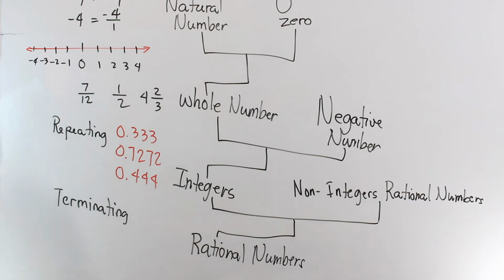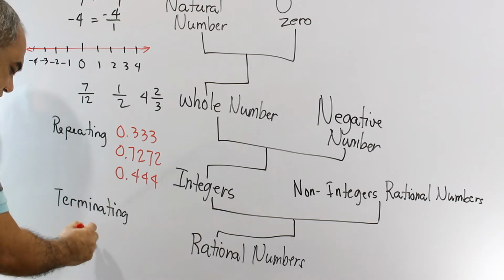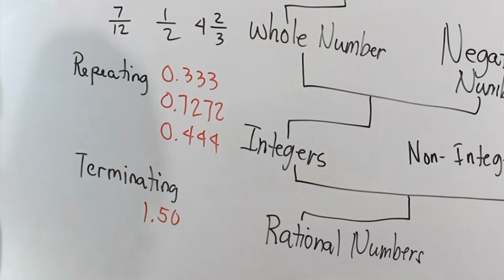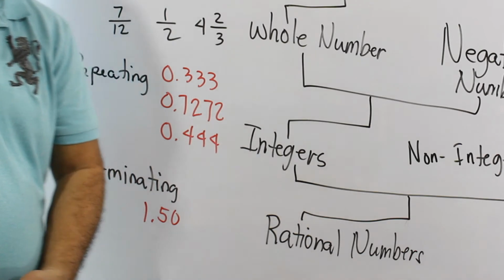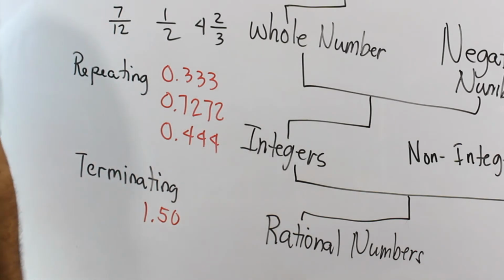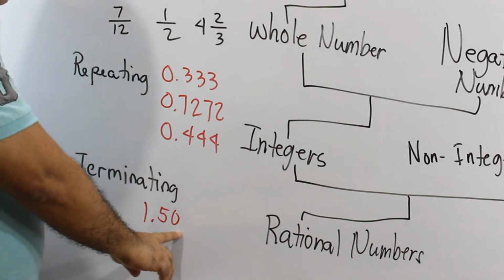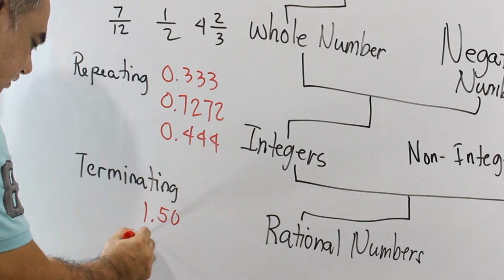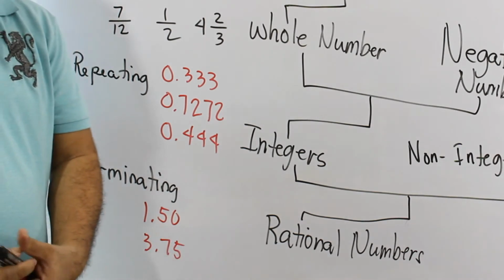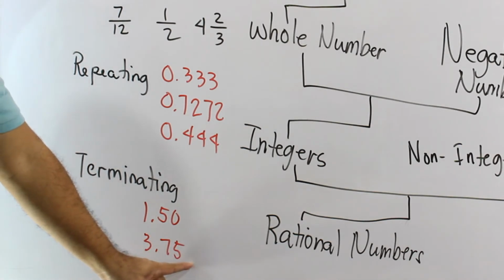The other one is terminating. What are terminating decimals? Terminating decimals are like 1.50. As you can see, there are no other numbers after the 0, so the decimal value terminates right here. Another example is 3.75, and again, there is no number after 5.